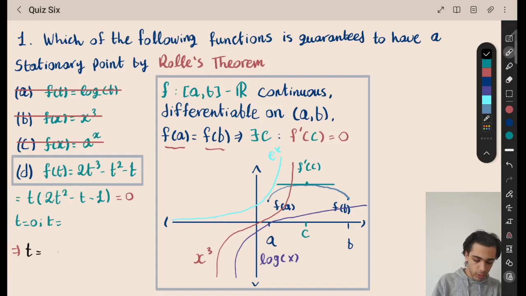And to find this out, I'll just use the quadratic formula. So negative of minus 1, plus or minus the square root of minus 1 squared. First off, minus 1 is 1. That's negative b for you.